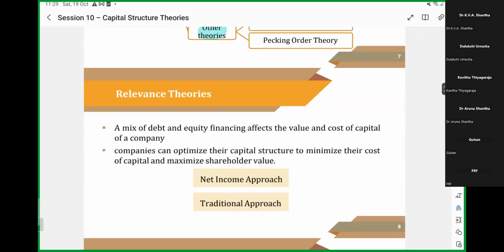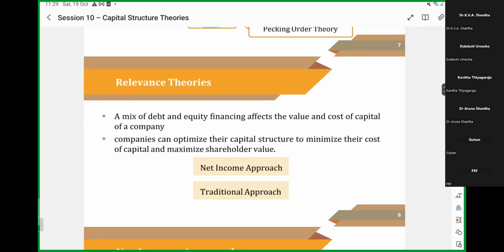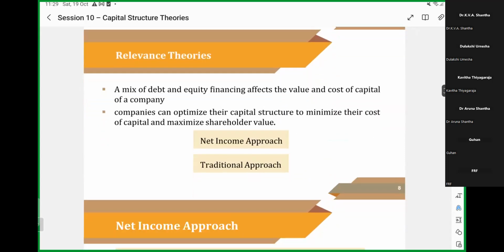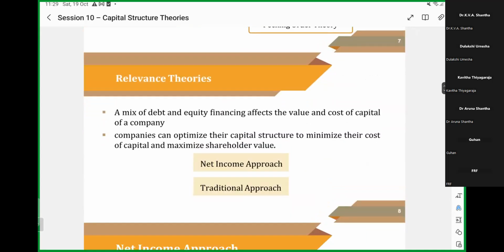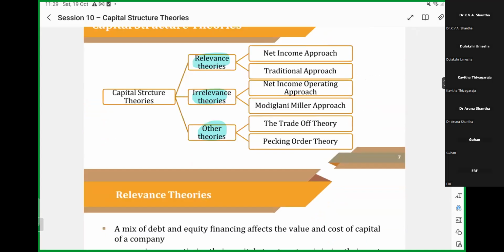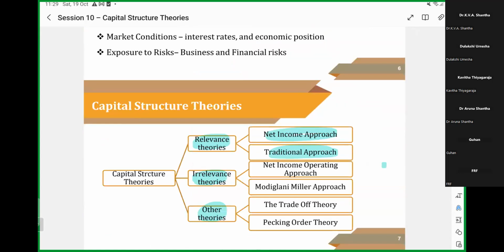So what is implied by net income approach and the traditional approach?